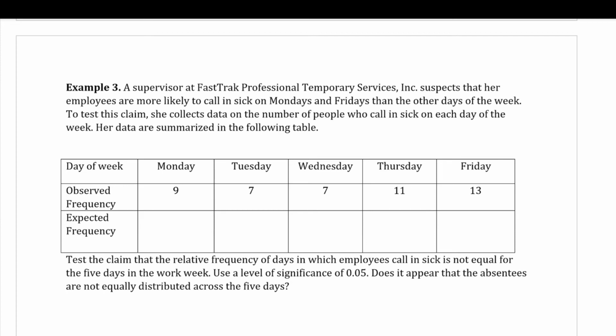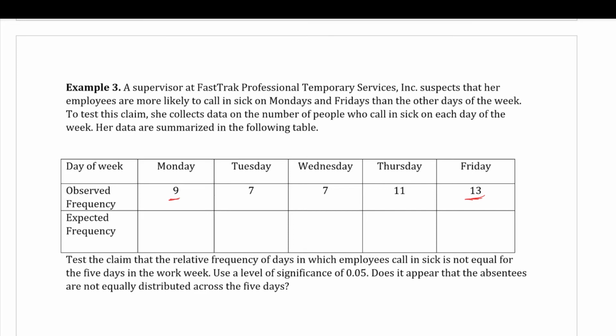Okay, so what we have here is a supervisor suspects that her employees call in sick more on Mondays and Fridays. Well, there looks to be some sort of uptake on Friday there, right? And well, somewhat of an uptake on Monday.